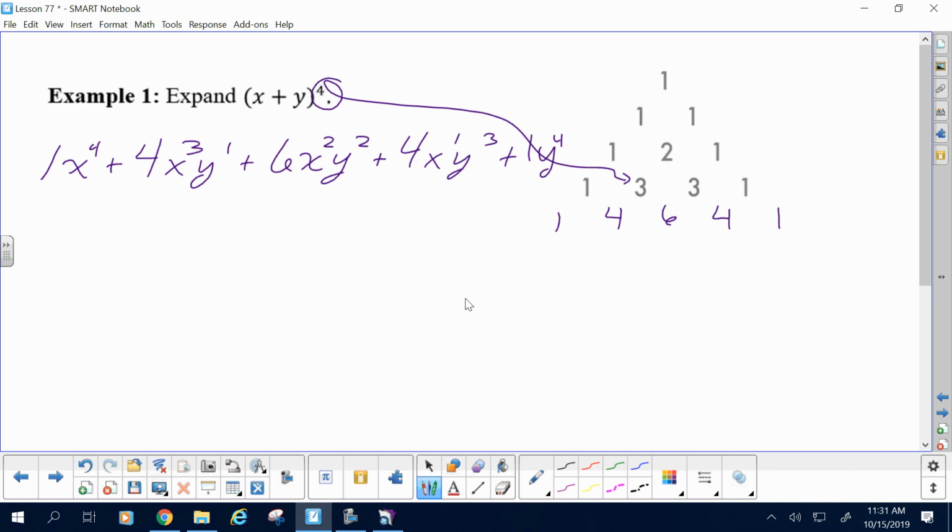Write yourself a note here: notice that in each term, the exponents always add to 4.